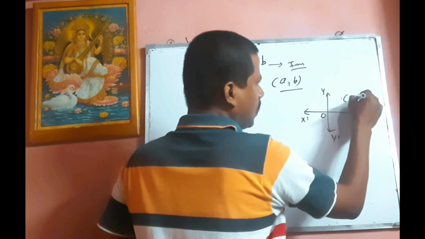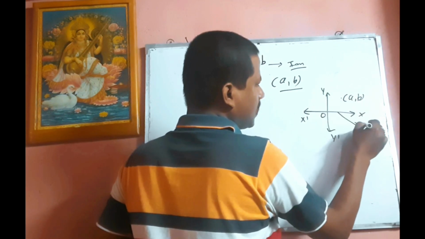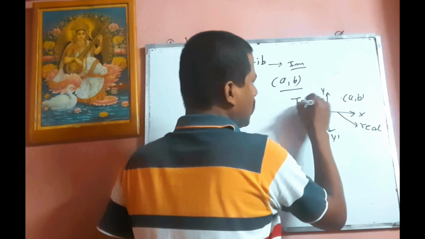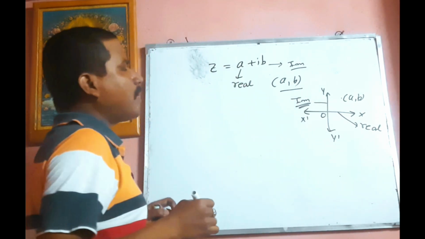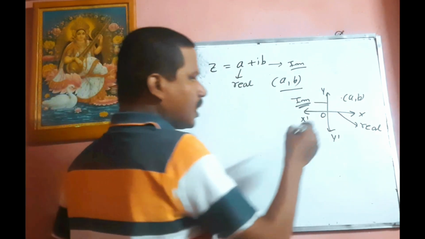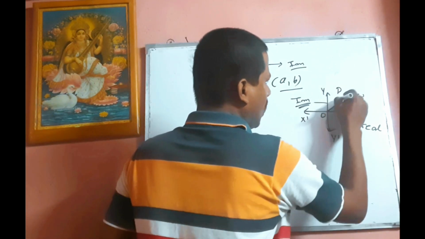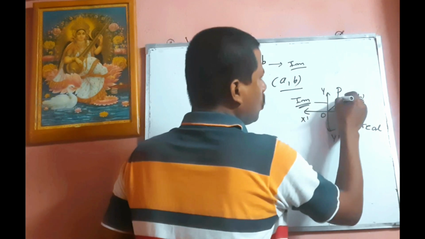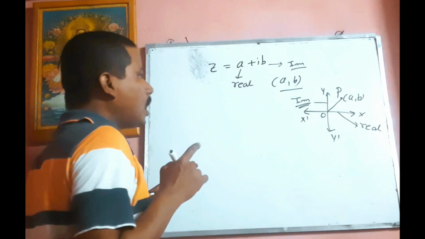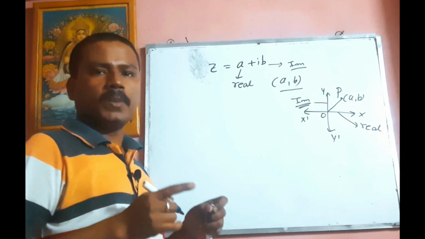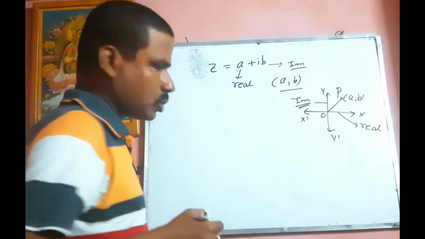This is the real axis and this is the imaginary axis. So the plotting of a complex number is that way. It may be the point P. Now this is O to P. So this is one kind of idea of a complex number and its plotting also.